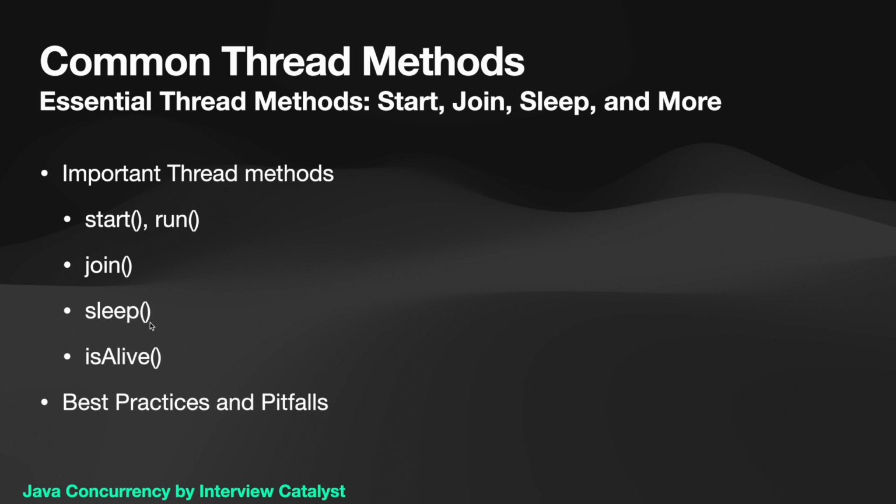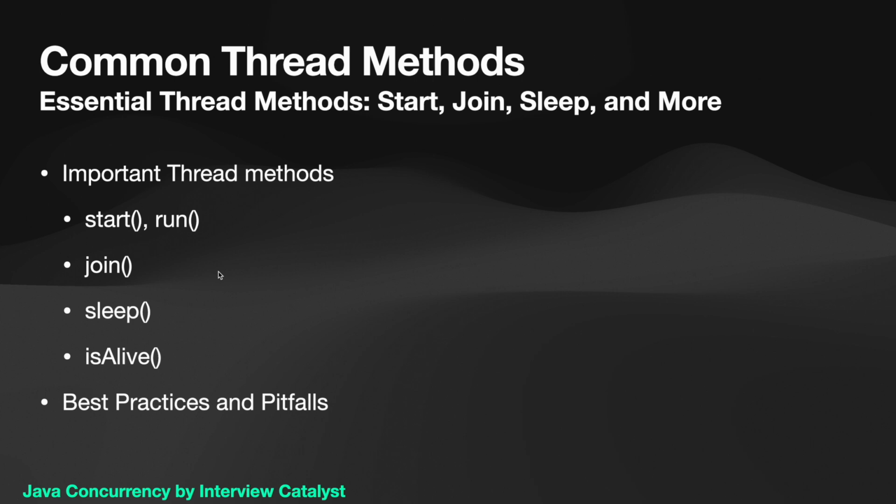For example, we call Thread.sleep. Be cautious when calling sleep, as it can throw an InterruptedException, so you should always handle it properly. Don't use sleep for precise timing. For that, you may want to use timers or scheduled tasks.